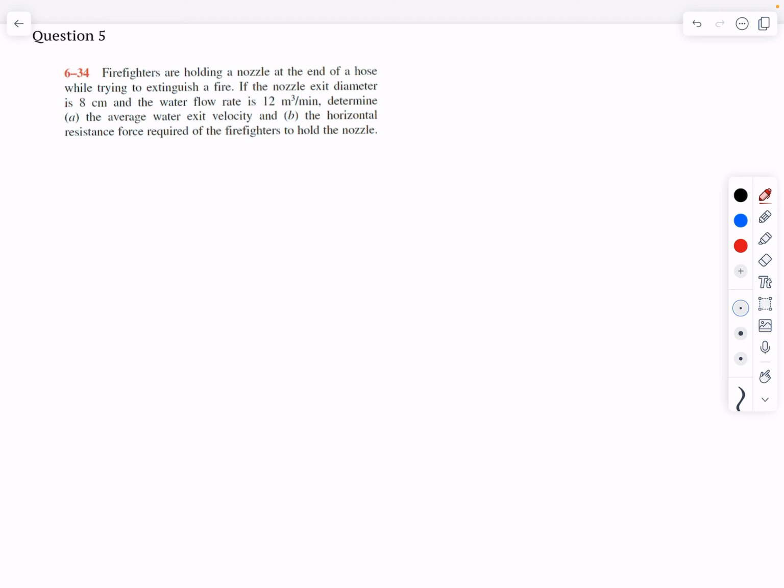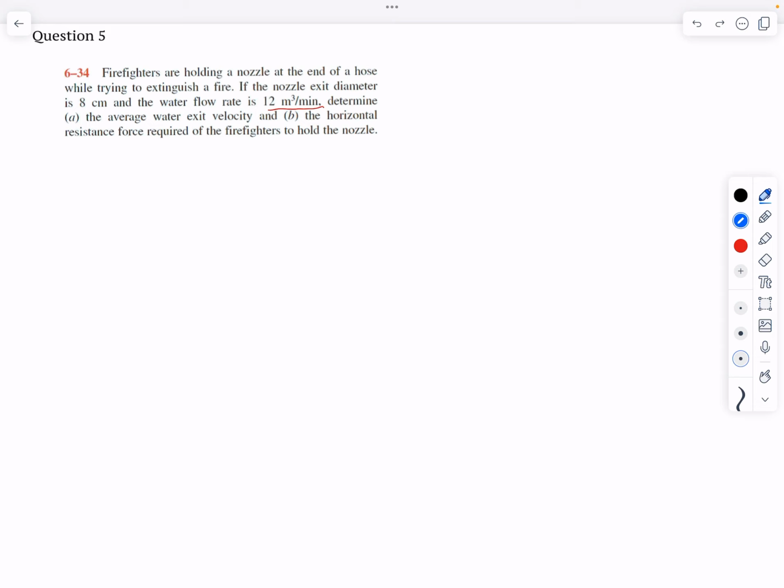So first, we always use the meter, the second, so we have to convert the minute. So we have the volume flow rate, V dot equal, let's use another color, okay, and let me specify the thickness.